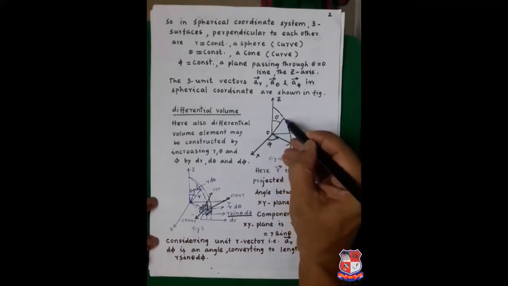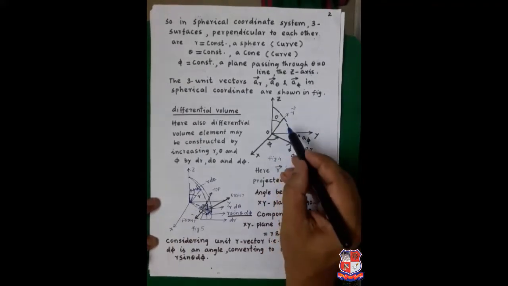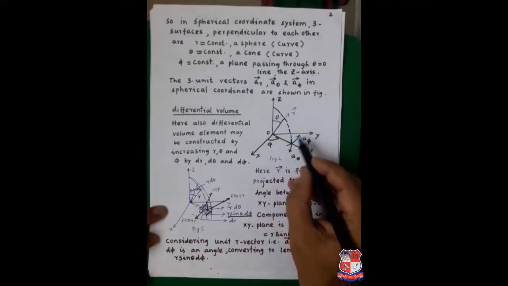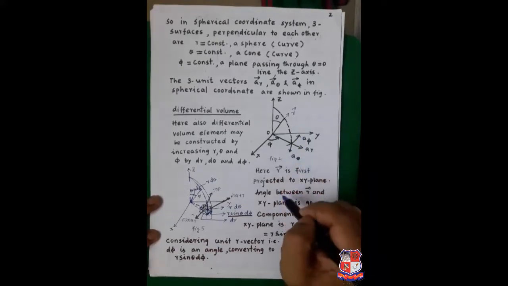We know that this is your r vector and the theta vector. Theta is the angle between z and the r vector, so this is the theta vector. The arrow direction shows the increasing value of r in this direction, theta in this direction and phi in this direction.